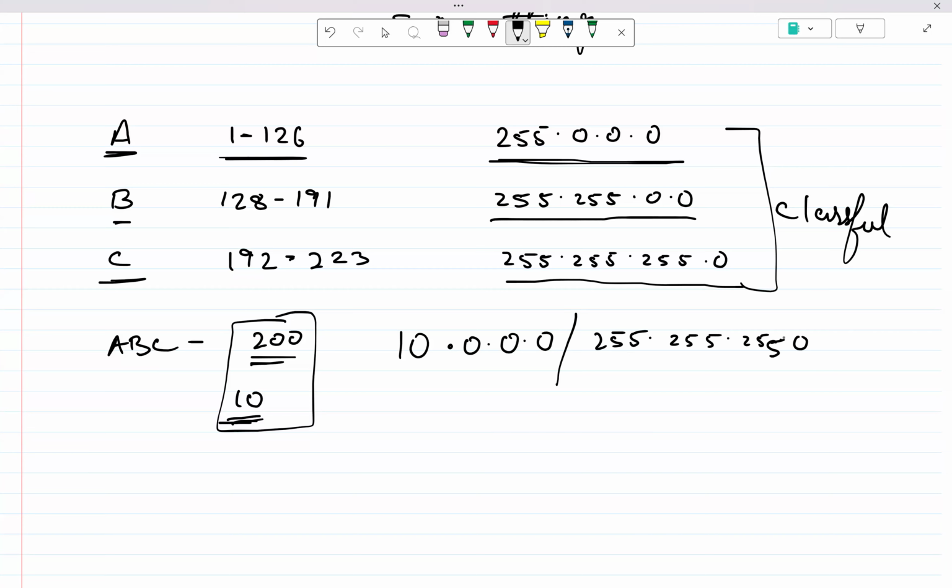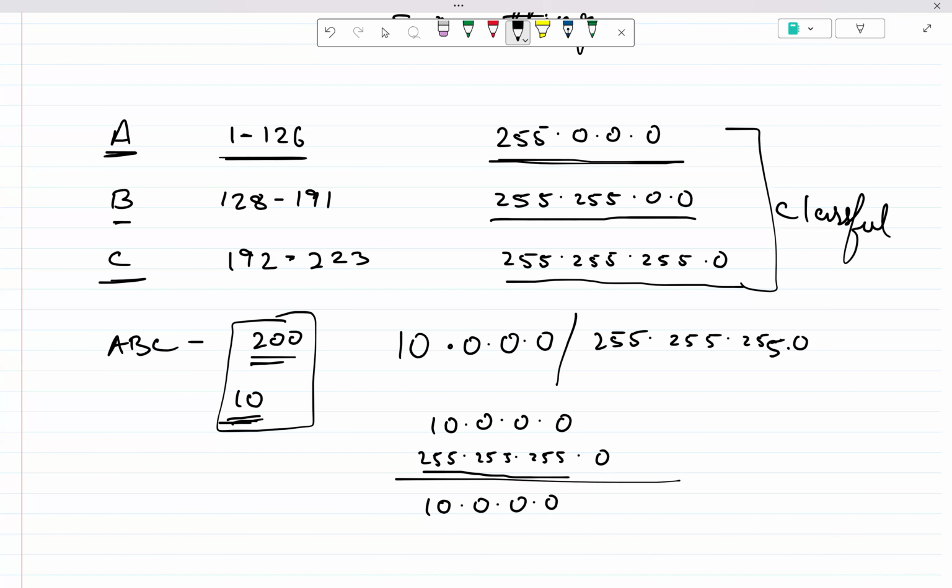Let's check the network ID and the broadcast ID over here. 10.0.0.0, 255.255.255.0. So what is going to be the address mask? Wherever there is 255, copy that value down, 10.0.0, and wherever there is 0, 0.